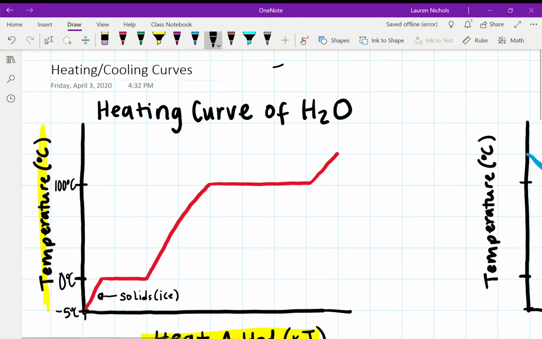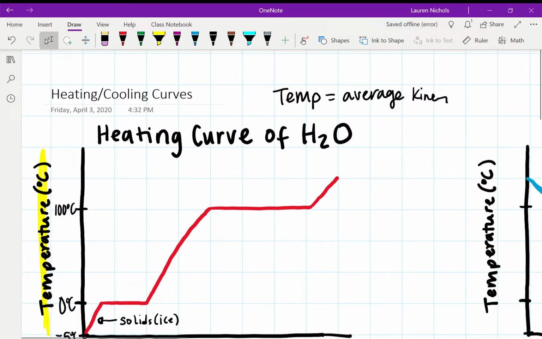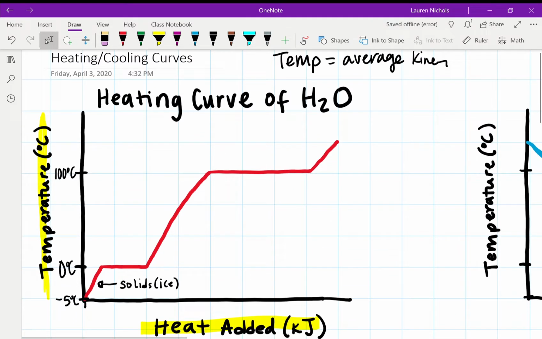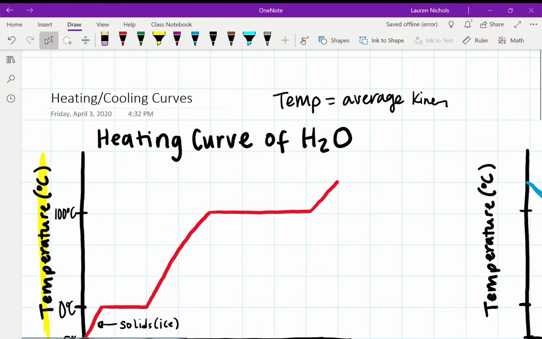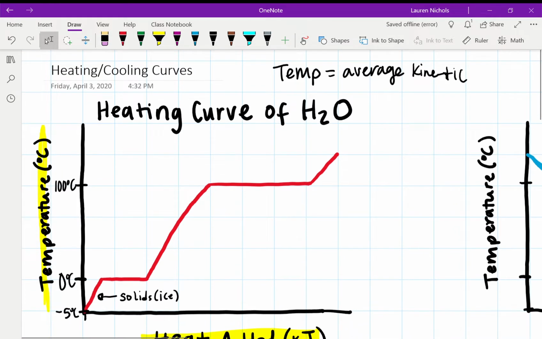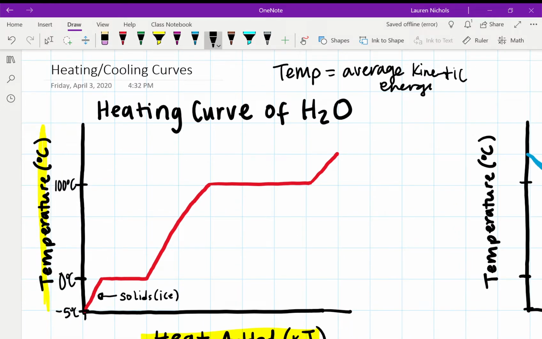As a reminder, temperature measures the average kinetic energy, or basically the speed of the atoms.